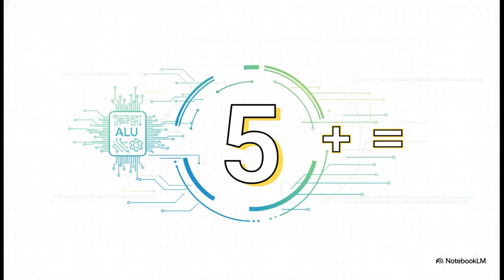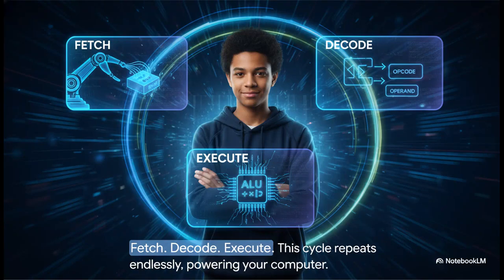The ALU takes our operand, the number 5, and it performs the command from the opcode, which was add. It physically performs the calculation, adding that 5 to whatever number it was working on. And just like that, the job is done. And that's the entire dance. Fetch, decode, execute.